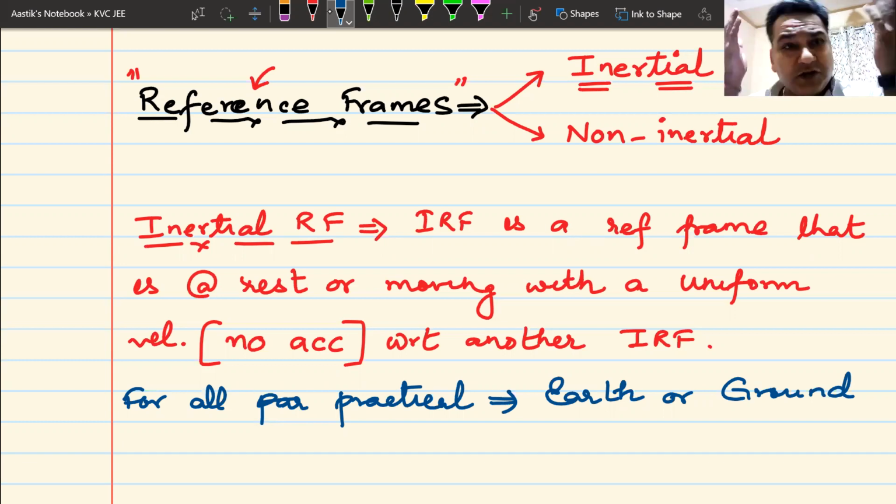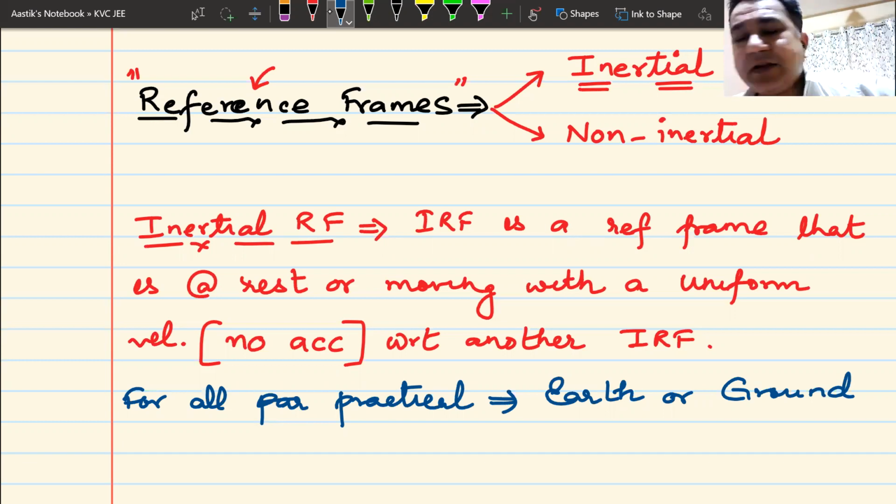That means the center of the universe could be an inertial reference frame, but we understand that the universe is expanding and maybe the center of the universe is also accelerated. We don't know. So if we go that deep, no reference frame can be an inertial reference frame because everything is accelerating.